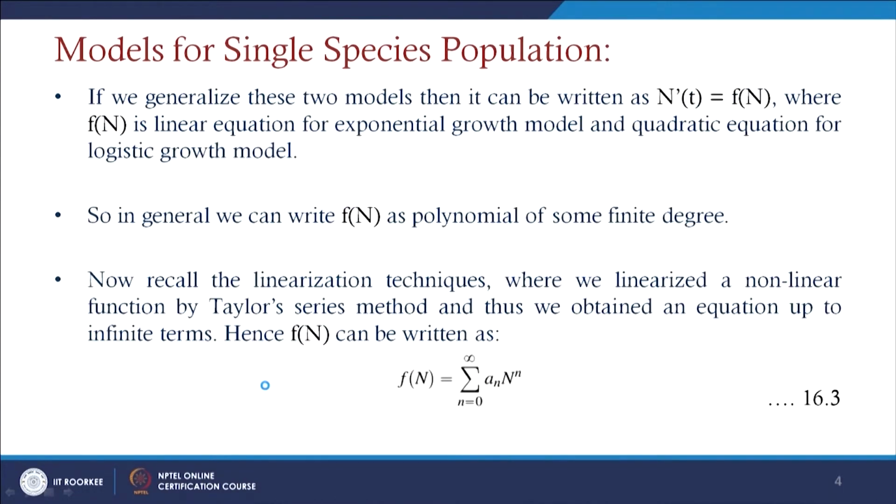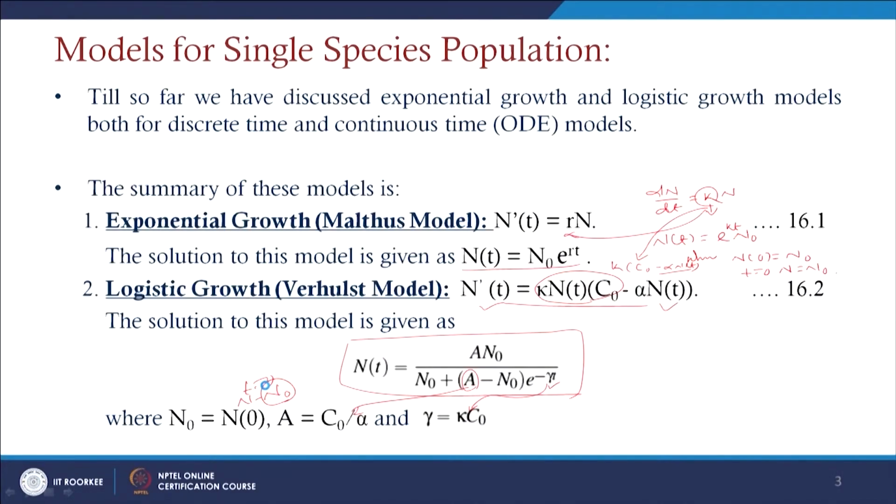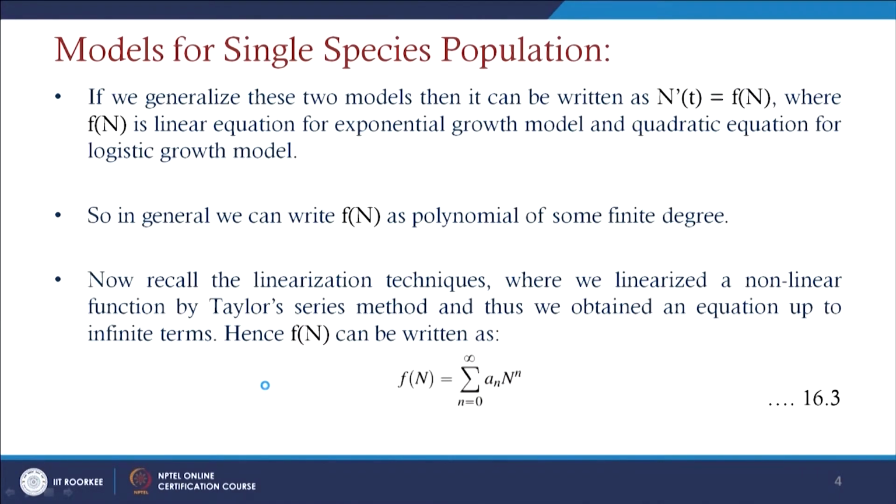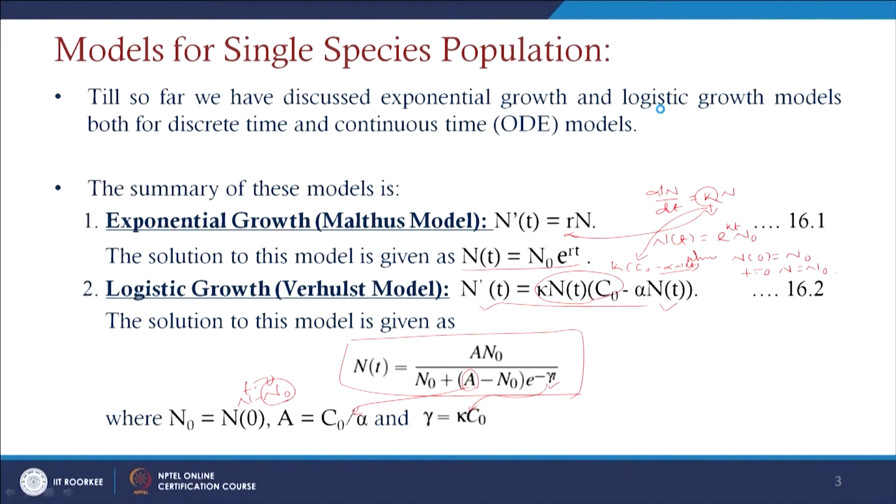And if you go for models for single species population, that is extended from our earlier case, if we generalize these two models, then it can be written as n'(t) equals f of n. So, always we will have a function f of n, which may be a linear function or a non-linear function.